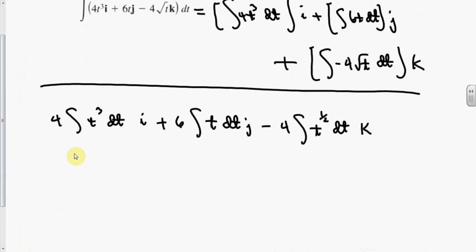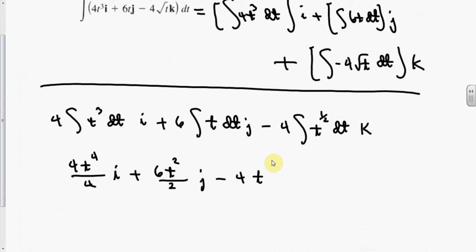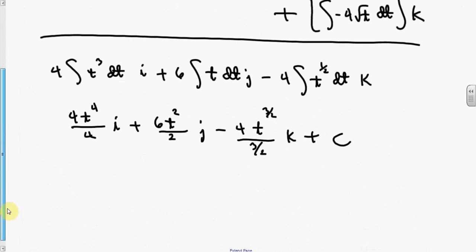So we integrate here, we get 4t to the 4th divided by 4 i plus 6t squared divided by 2 j minus 4t to the 1/2 plus 1, that's 3/2 all over 3/2 k, and then plus the constant c, and then just simplify that.